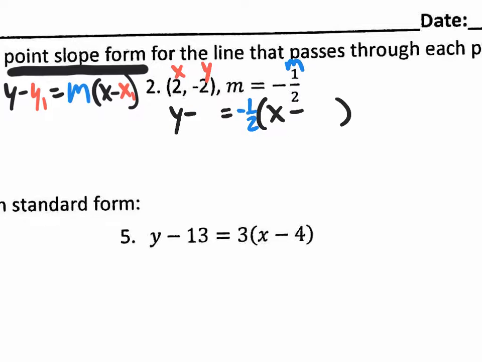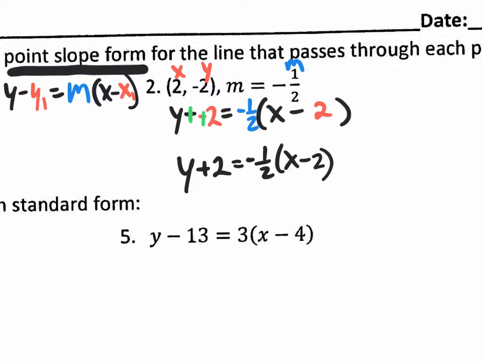The x value is positive 2, so you put the x value in the parentheses with the x, and the y value is negative 2, you put the y value over there in front of the y minus. And again, the minus minus changes to plus plus, and that's it. That's your answer. On your multiple choice, you'll see y plus 2 equals negative 1/2 parenthesis x minus 2.